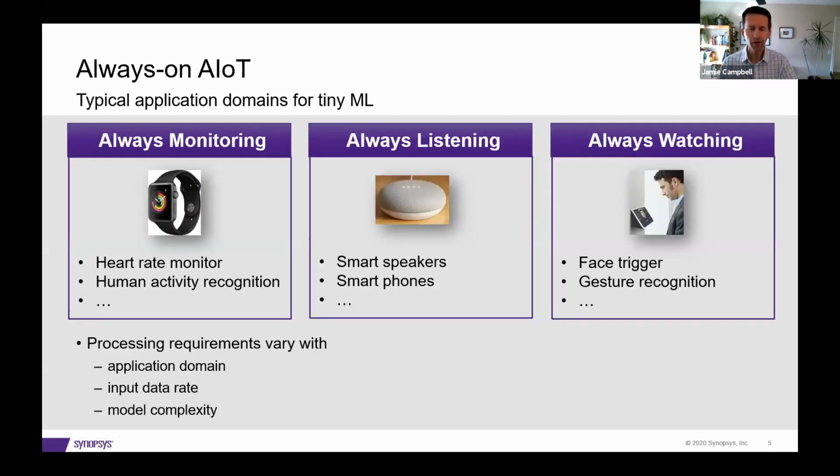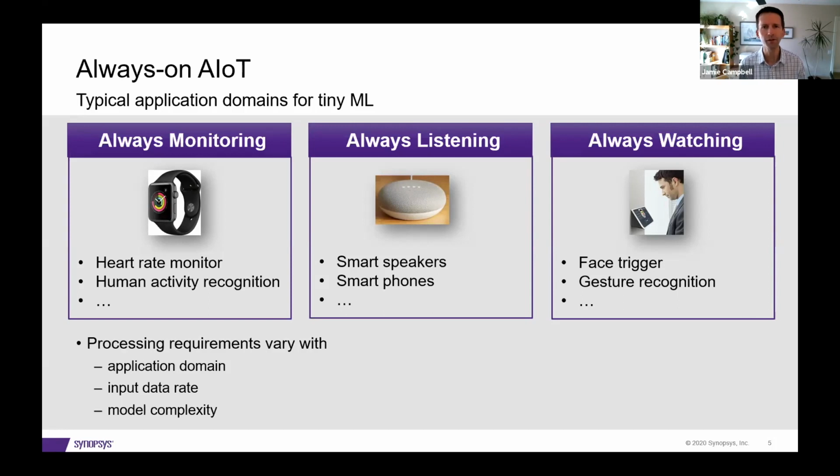So let's jump in. Just a quick introduction here in terms of the application domains that we typically consider: always-on AIoT. These will be some sort of sensing applications, so monitoring potentially human activity, heart rate, those sorts of things.